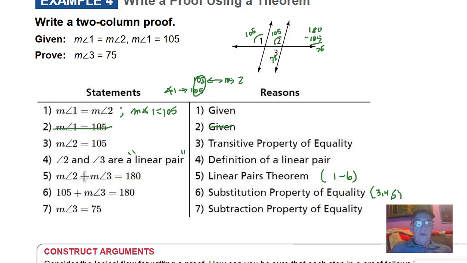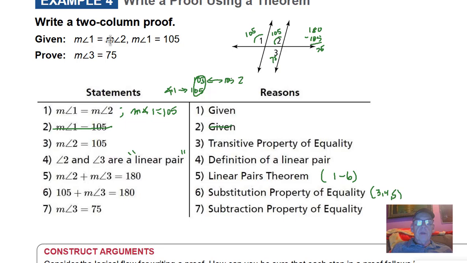So we're using steps 3, 4, and 5 together to end up with step 6. Next, 105 is going to be subtracted from both sides, which leaves the measure of angle 3 equal to 75 degrees. And that's the subtraction property of equality.